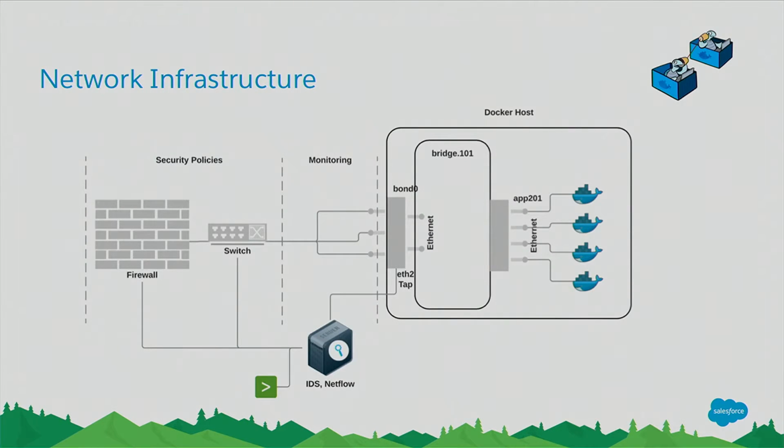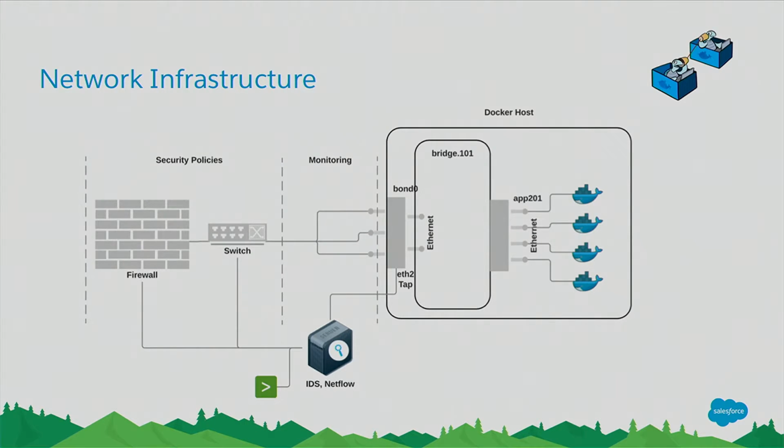So just generally speaking, a diagram of how things are laid out. We are able to monitor both the traffic that is going out of the host through taps and spans at various locations on the network.